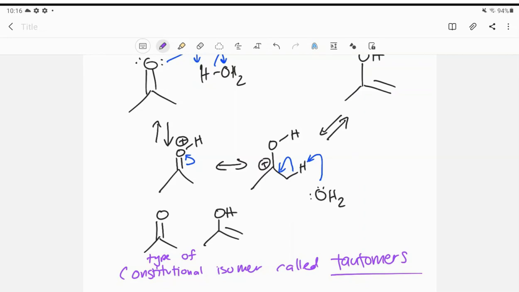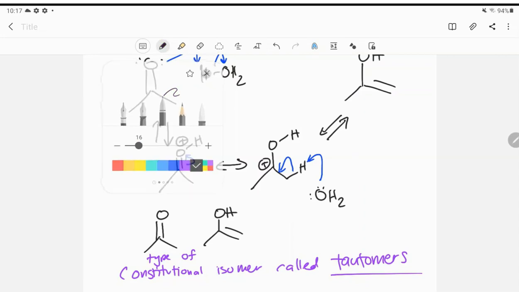Now we're introducing a new one. This is a type of constitutional isomer. Constitutional isomers have the same atoms, but they're arranged differently. And so we, in fact, do have a different arrangement of the atoms, and so these are called tautomers. All right, so ketones and enols are tautomers, and the process by which they interchange themselves is tautomerization.